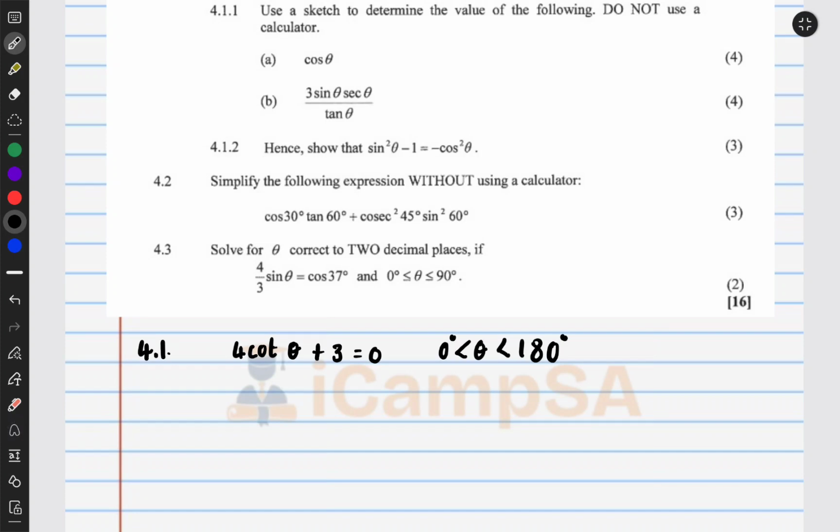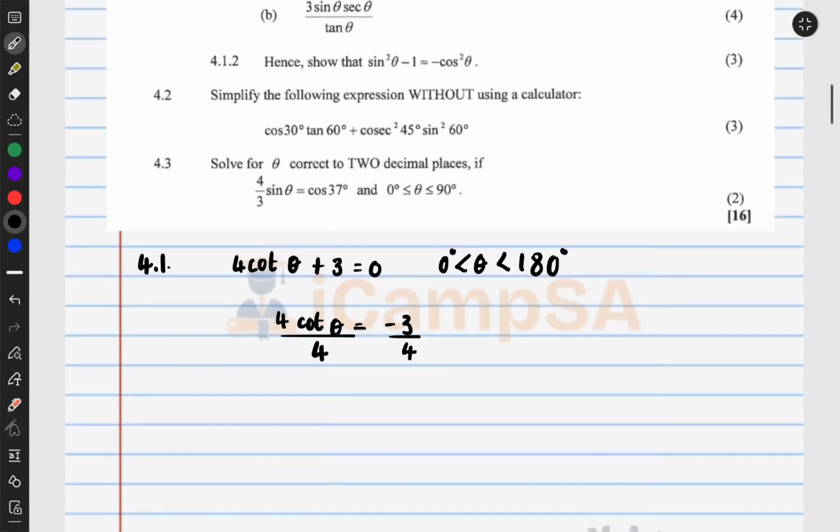We take that plus 3 to the other side, so we're going to have 4 cot theta is equal to negative 3. We divide by 4 on both sides, and therefore cot theta is equal to negative 3 over 4.